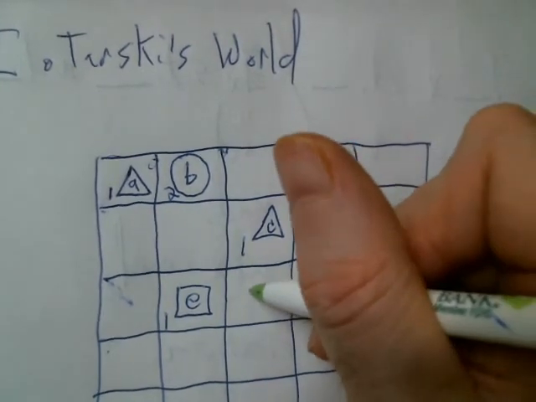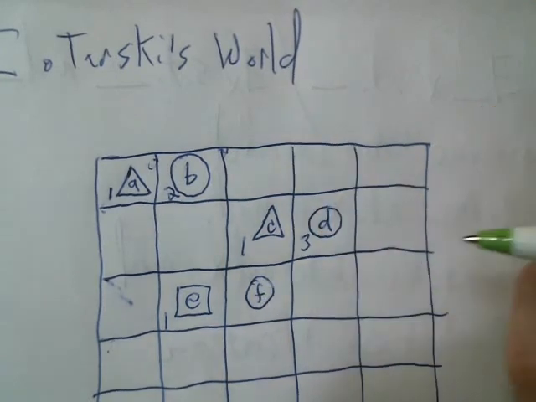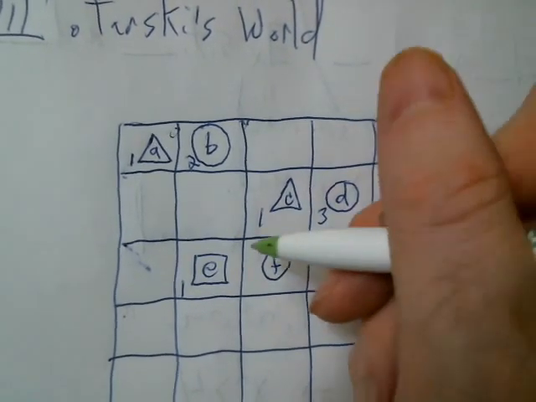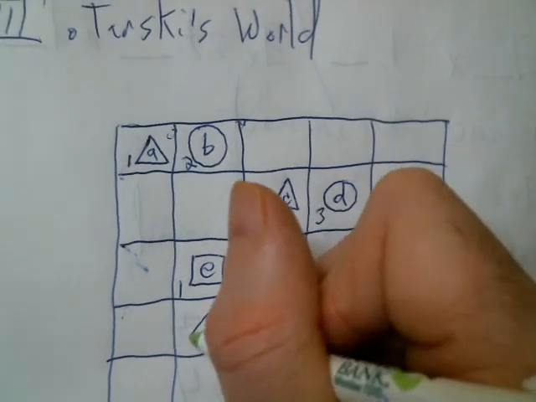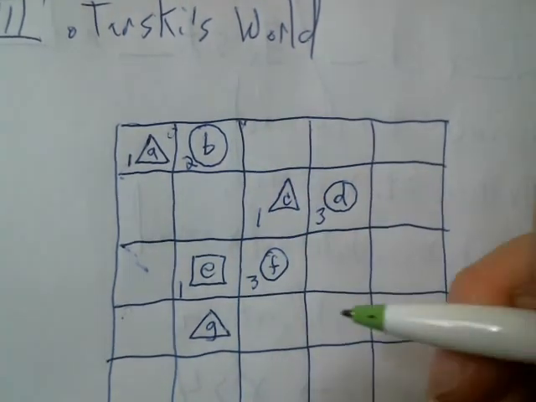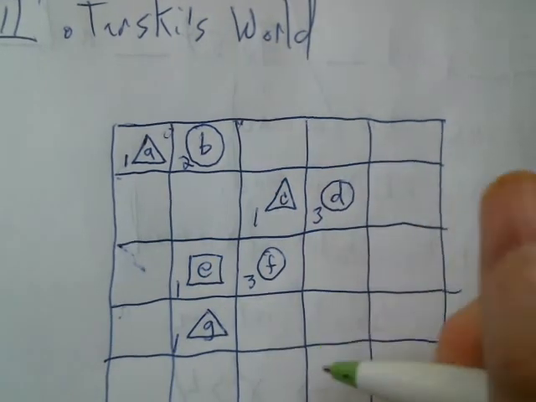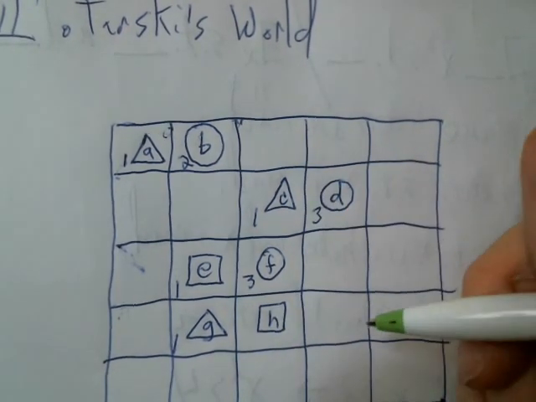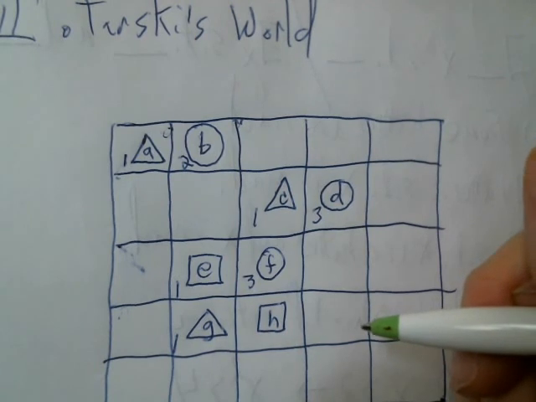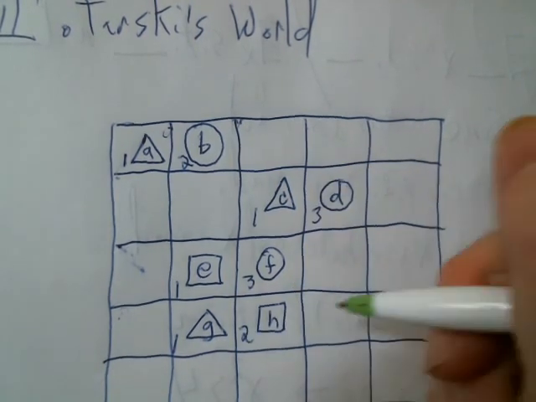And then I have a circle, which is gray. And then I have a triangle, it is blue. Then I have a square, which is black.